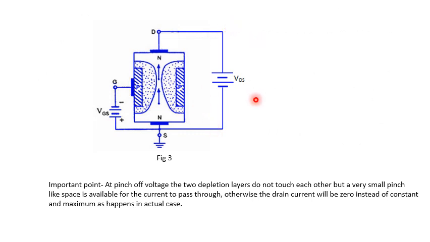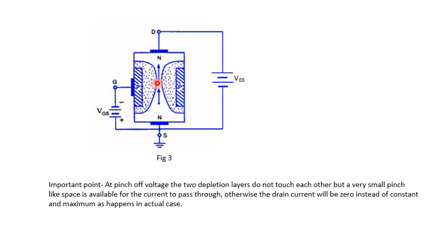In this figure, we have shown the state of affairs at pinch-off voltage. The most important thing is that some people have a notion that at pinch-off voltage the two depletion regions start to touch, but this is not the actual case.